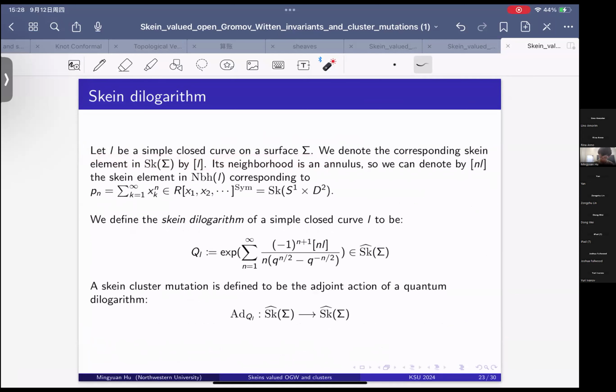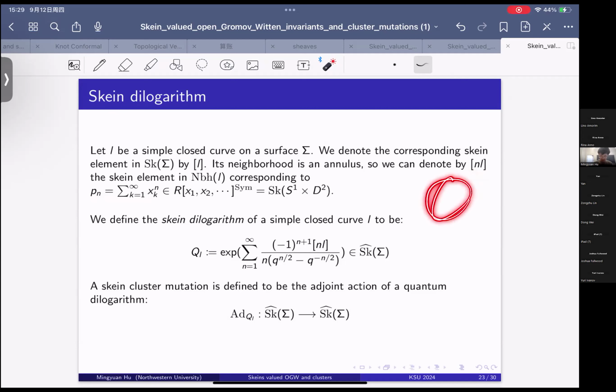When we write nL, it's just a curve winding around L n times. If you want a definition, in the neighborhood of L, which is a solid torus, this means the element corresponding to P_n.